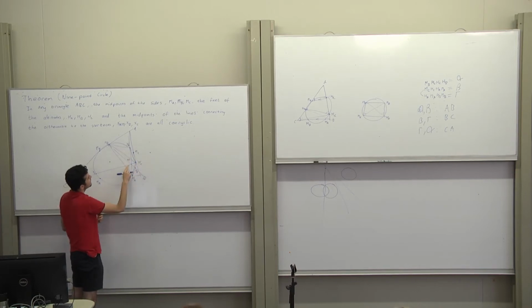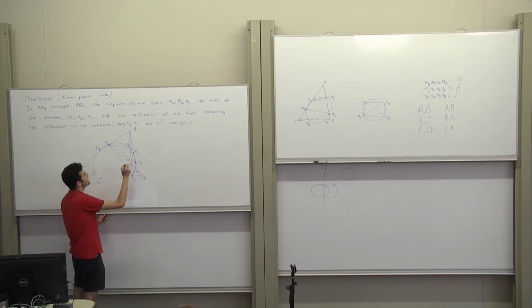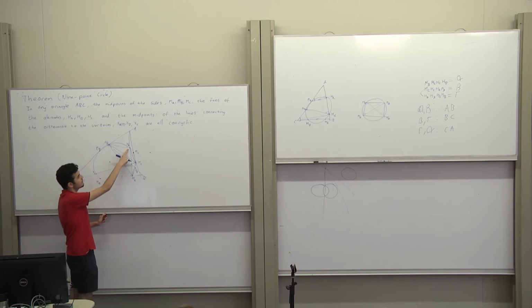We know that HCA is 90 degrees, so we know that AH is a diameter of the circumcircle of AHCH, correct? I think that's called Thales' theorem. Just a quick name drop. So if XA is the midpoint of AH, we know it is the center of the circumcircle of AHCH.